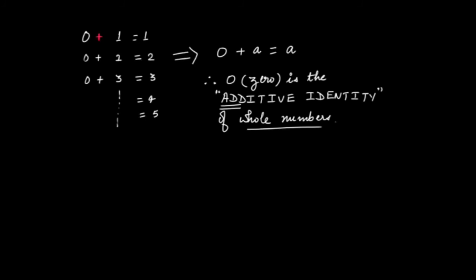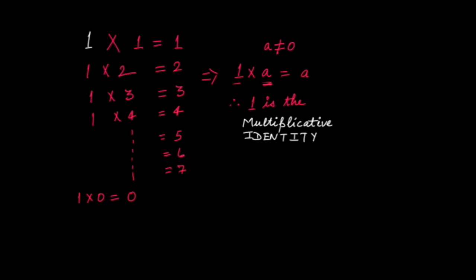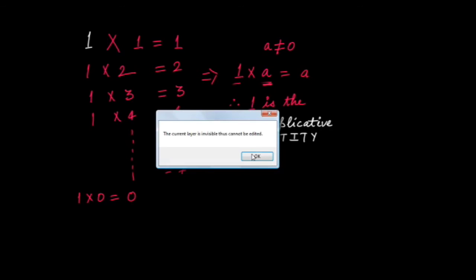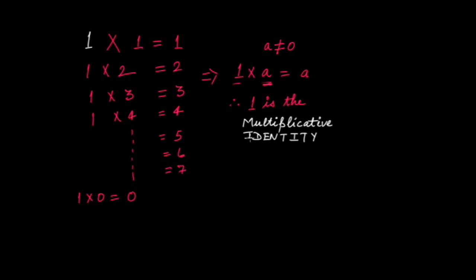So 0 was the additive identity and 1 would be the multiplicative identity. And the reason why it's the multiplicative identity is that if you multiply 1 with any number, you'll get back that number only. So here we learn two concepts: multiplicative identity and additive identity.